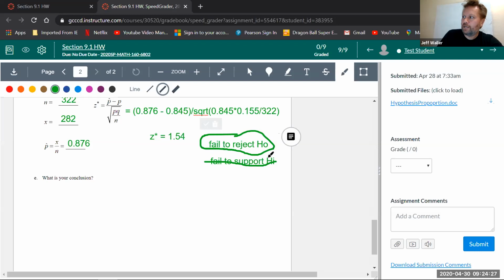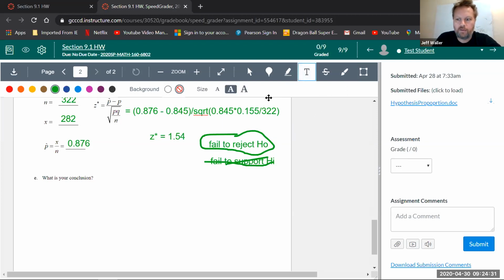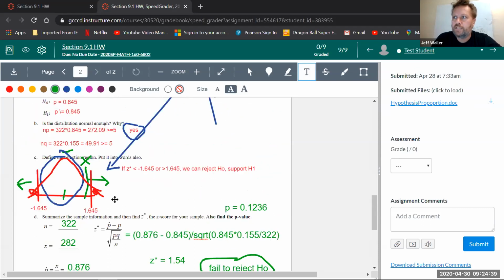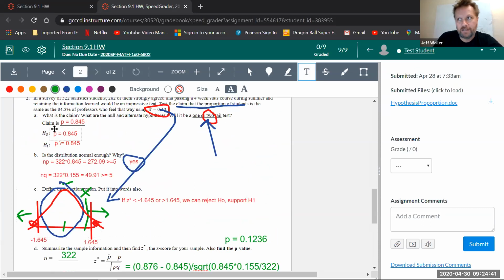There is zero guessing, zero ambiguity about what language to use. You use the language associated with what the claim was, because your answer has to be about what happened to the claim. Did we make it far enough to say it looks like the null is wrong? No. So of course we have not found evidence to reject the null.